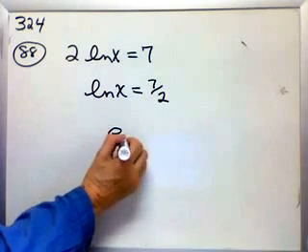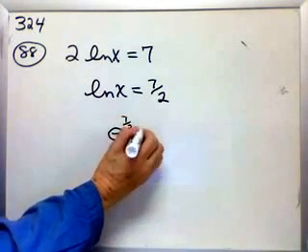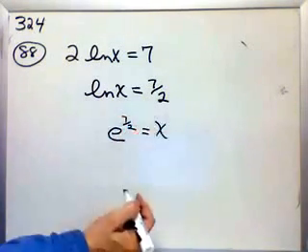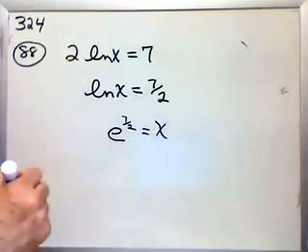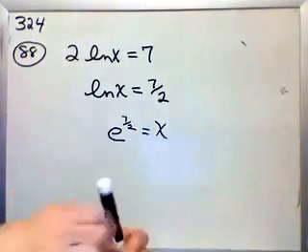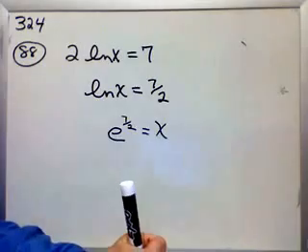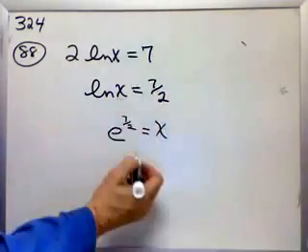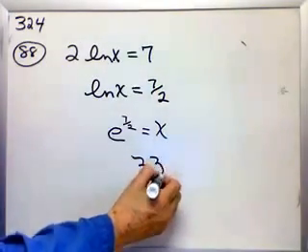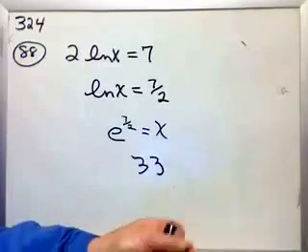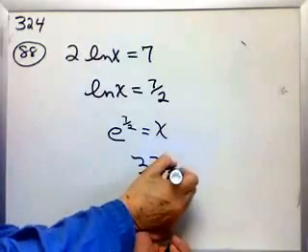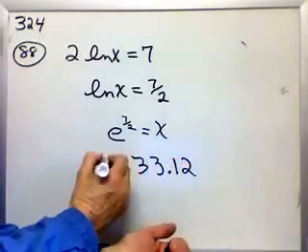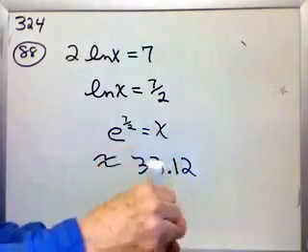So base to the exponent, e to the 7/2 equals x. And that's kind of a no-brainer. You know you have an e button on your calculator, correct? So plug it in. And the answer for this one is 33.112. And that's an approximate answer. All right?